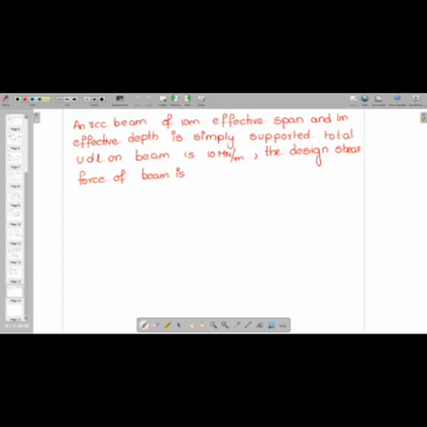Have you done the problem, students? So see here, simple problem. Sir, see, this is a 10 meter, right? And he is asking 10 mega Newton meter.